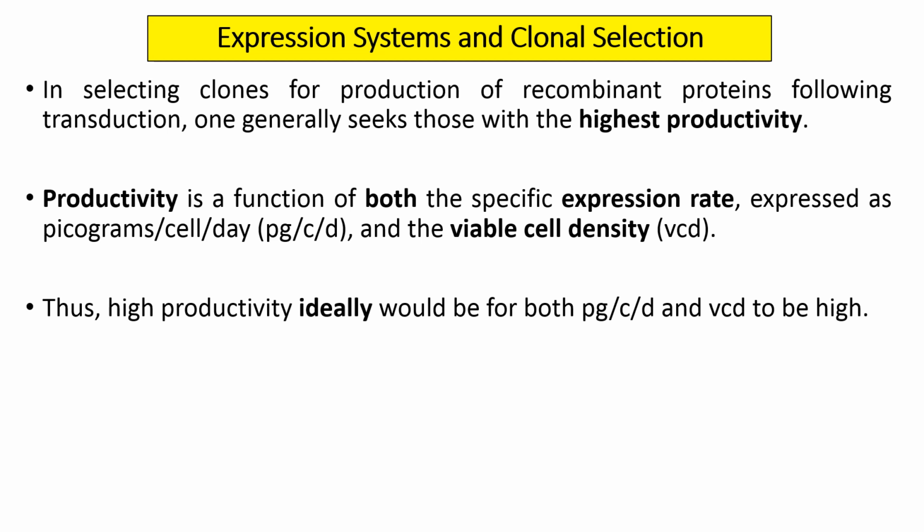So ideally, they are seeking a system with the highest productivity, with a high expression rate and high viable cell density. Here I'd like to add just one more piece of information. We talked about transduction, and sometimes the term transfection comes up.